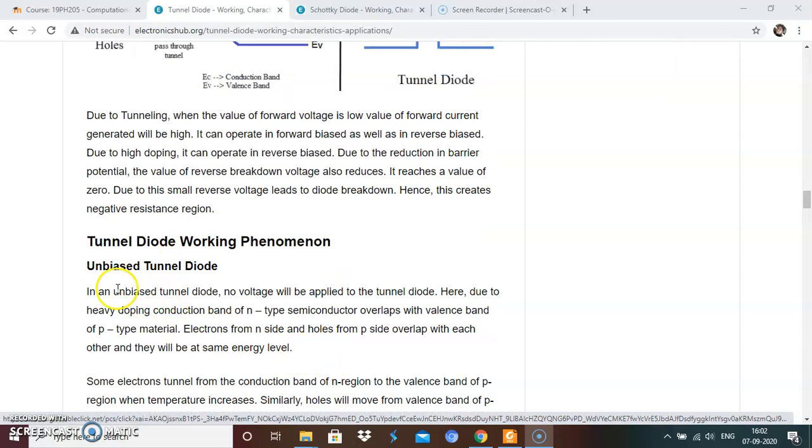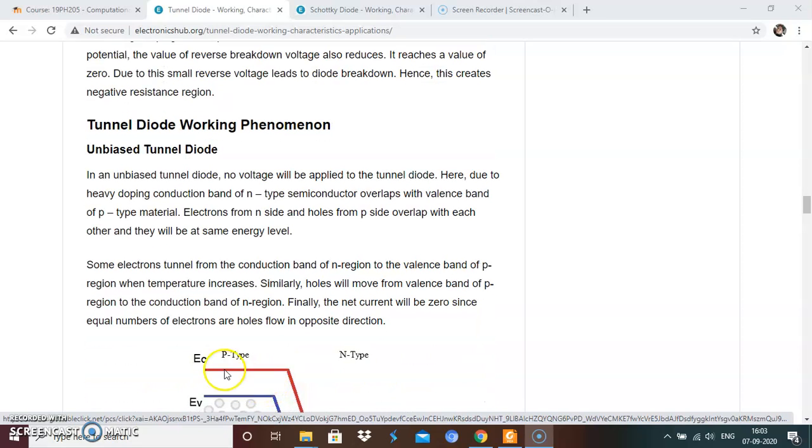Suppose we are not applying any bias to the tunnel diode, how does it work? In an unbiased tunnel diode, no voltage is applied. Due to heavy doping, the conduction band of the n-type semiconductor overlaps with the valence band of the p-type material. Electrons from the n side and holes from the p side are at the same energy level.